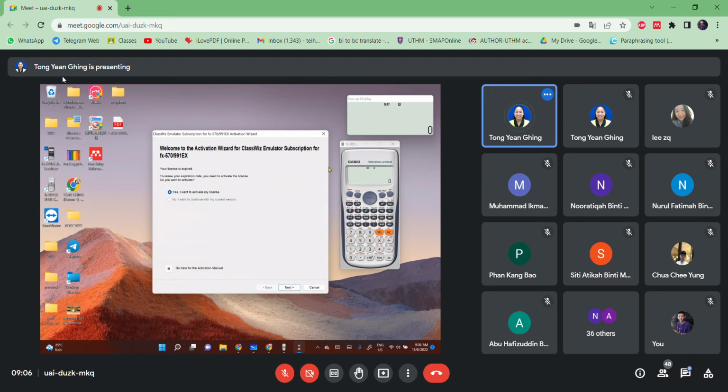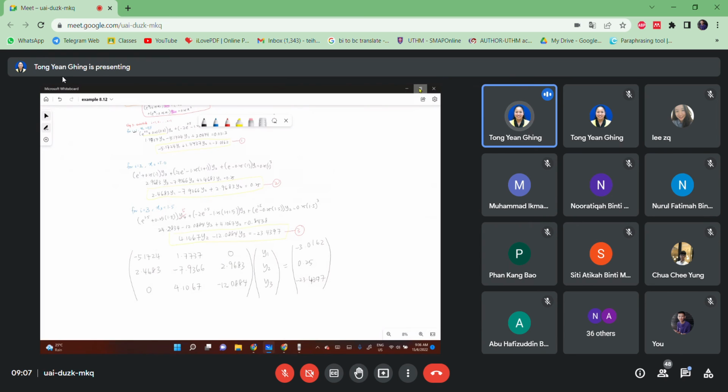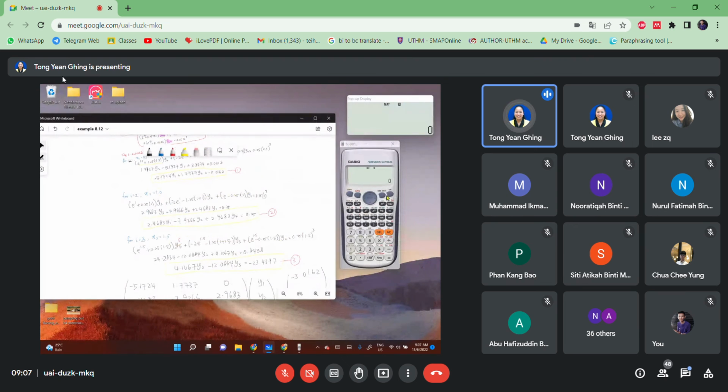Tak boleh dah. So this one can up to 4 unknowns. So go back to this one. I go and find, set up, go to the equation number 5, and then this one is the until number 2. 1, 2, 3, 3 unknowns.